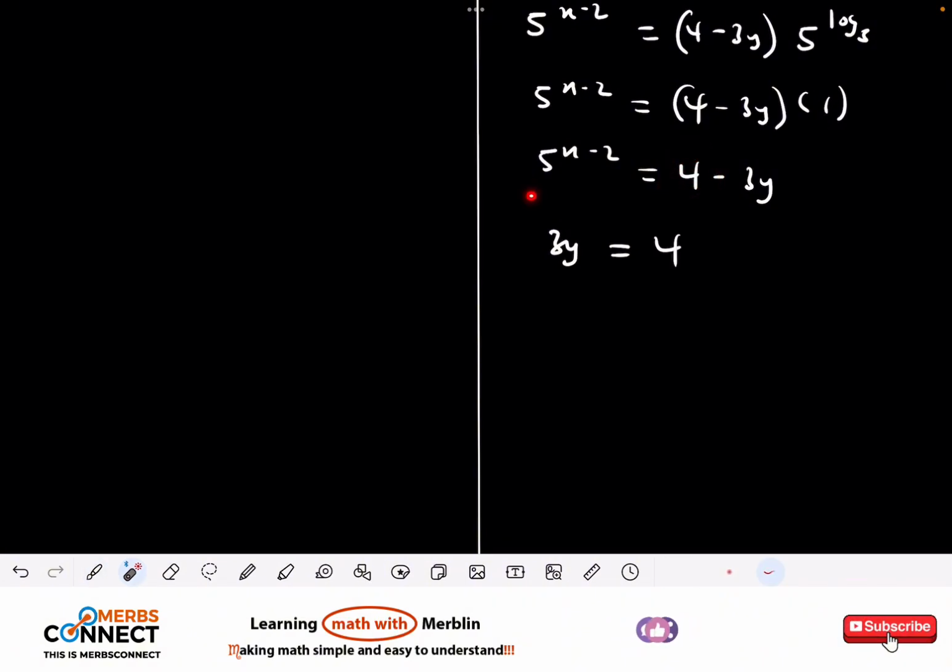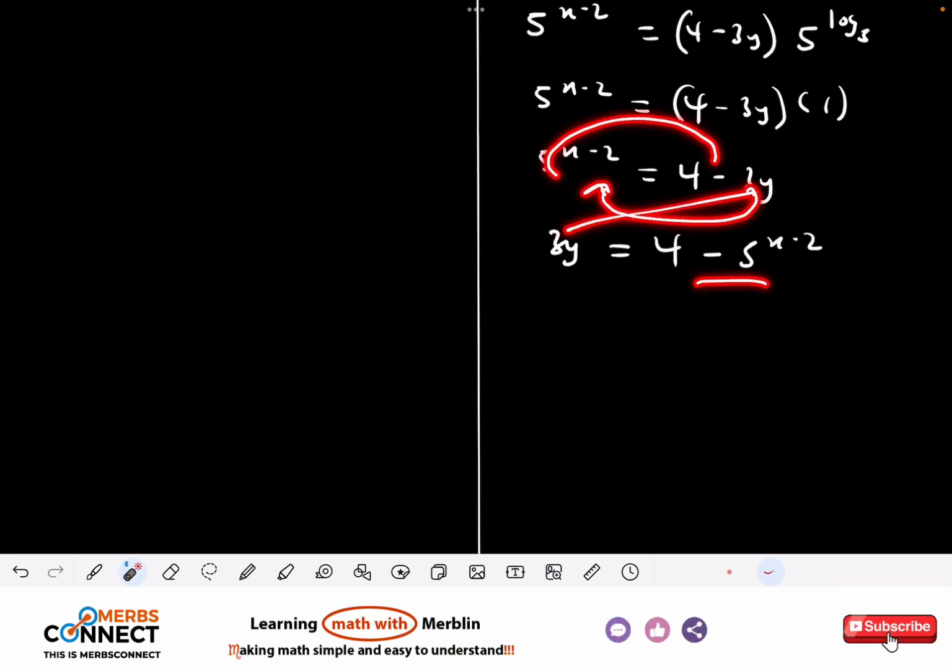Then what I'm going to do is subtract 5 to the power x minus 2 here so that it will cancel this. So I'll have 4 minus 5 to the power x minus 2. The idea is to move this one here, which becomes positive, and then move this one here, which becomes negative.